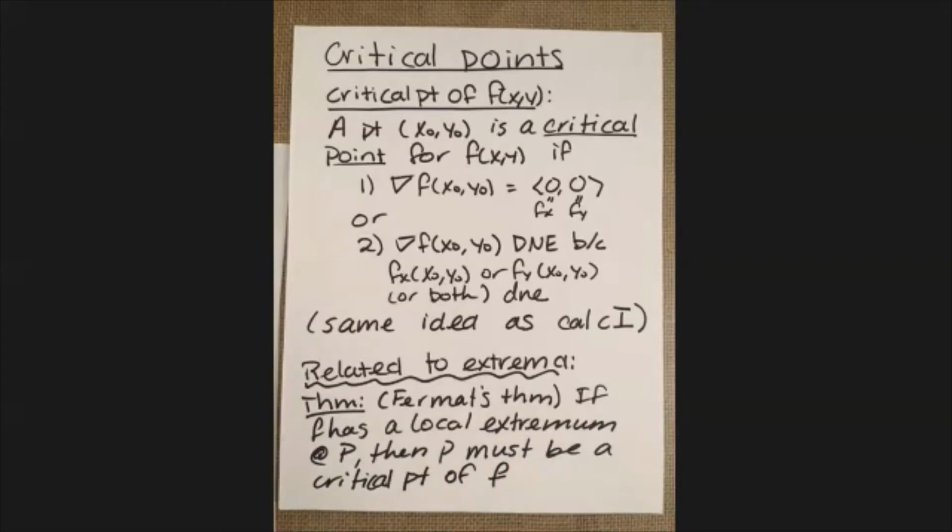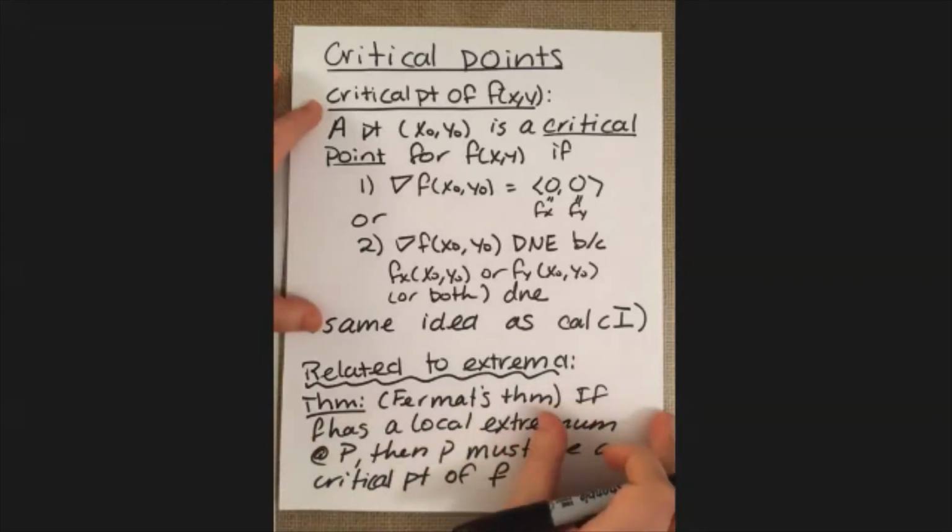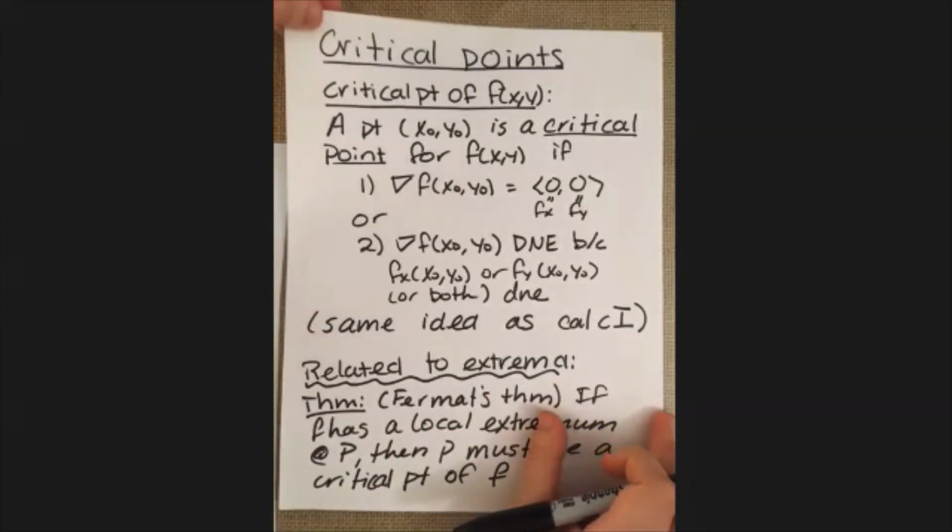And again, we're not going to walk through this whole process here in this video, but just so you can kind of see how this is going to fit into the big picture later on, we will be using the ideas from this video to be able to do optimization later. But having said that, let's go ahead and jump into some examples of just simply finding critical points for a variety of functions.